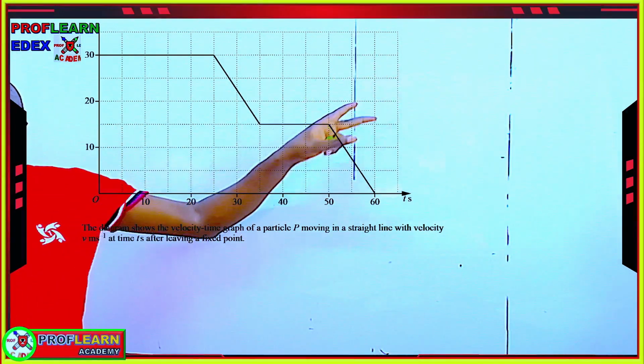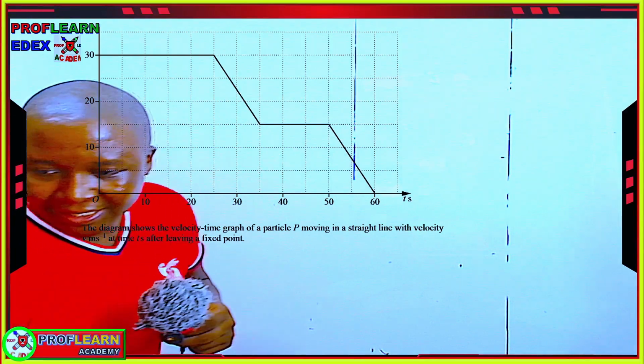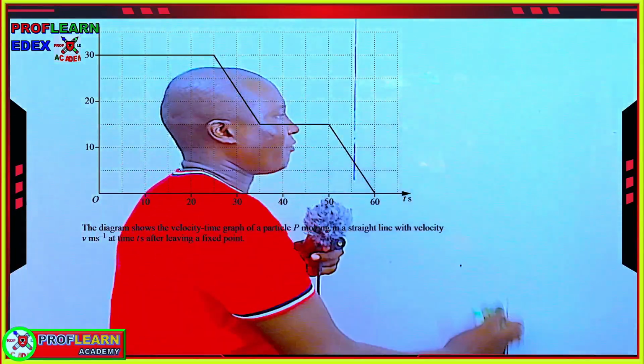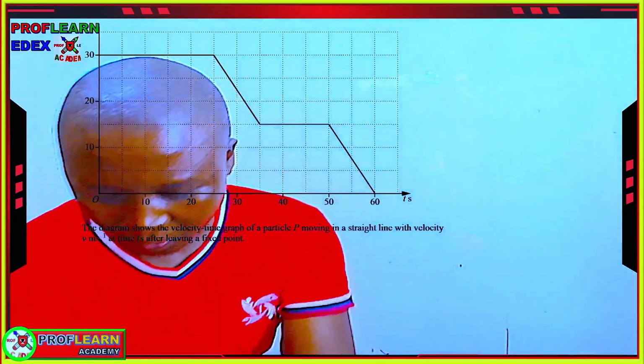So finding the distance traveled by the particle.